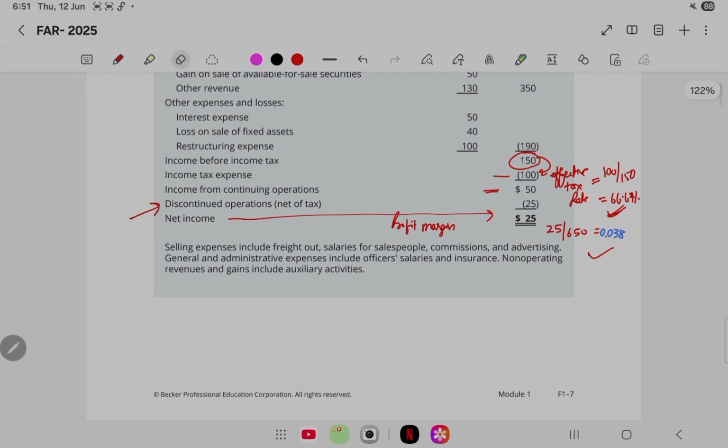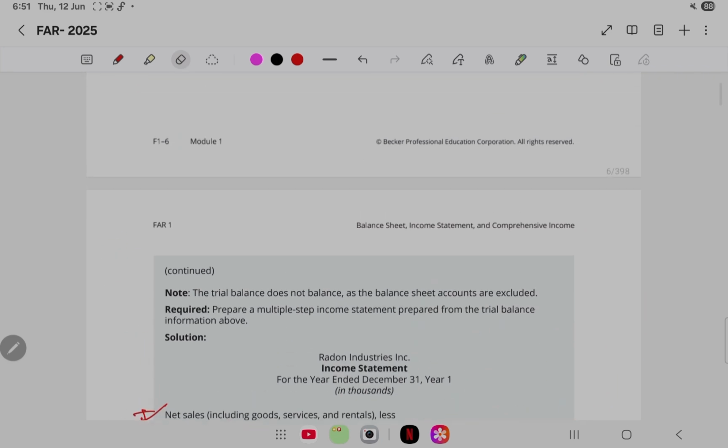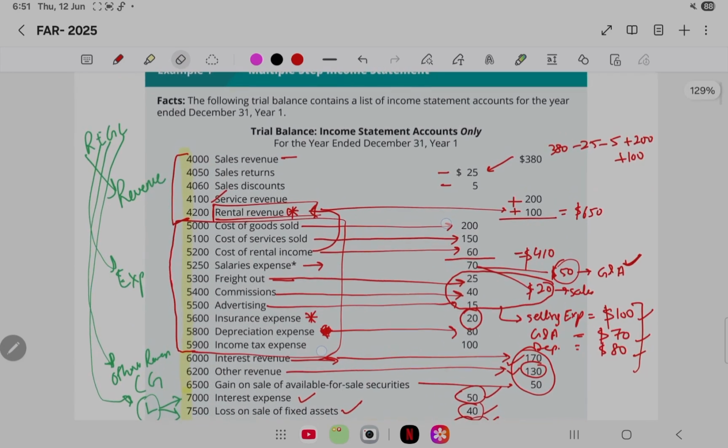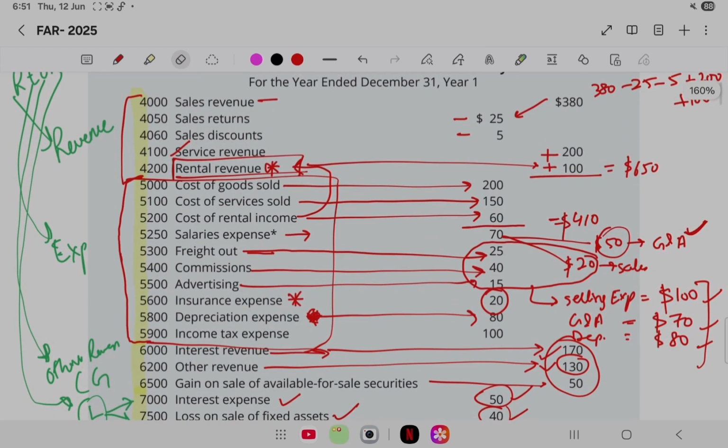Okay, what is written here? Selling expenses exclude freight out. Let me tell you about the freight out and freight in method. So here is the freight out. Freight out means when our goods are removed from our godown and sent to the supplier or to the customer.